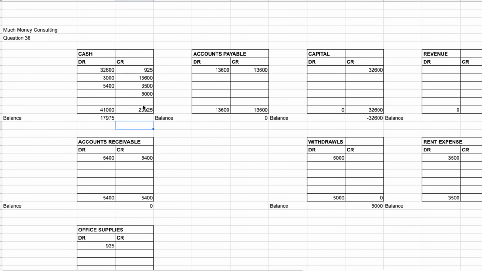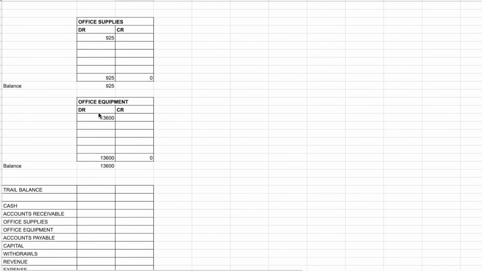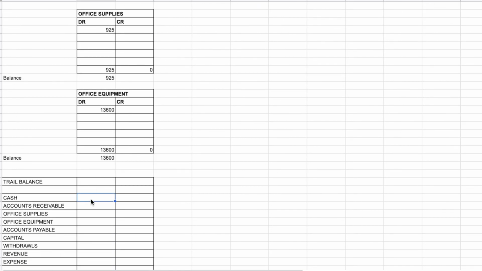So this is in, this is out. So there's 17,975 in the debit balance. So we're going to take that amount. Just double check that again.